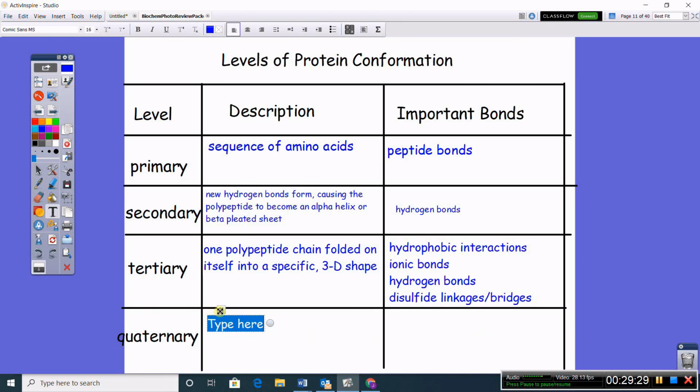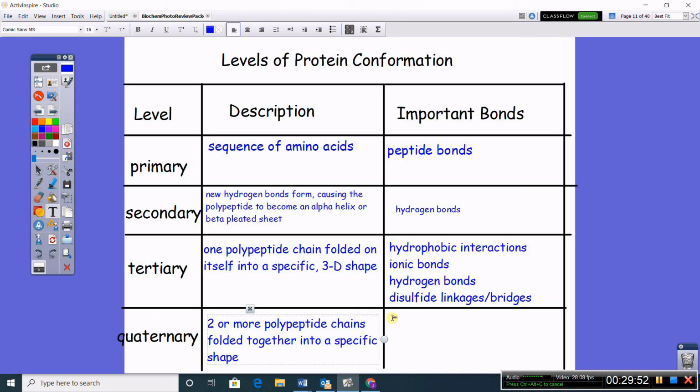Now, as far as quaternary structure, remember this is when I would get multiple phone cords out. So this would be two or more polypeptide chains folded together into a specific shape.